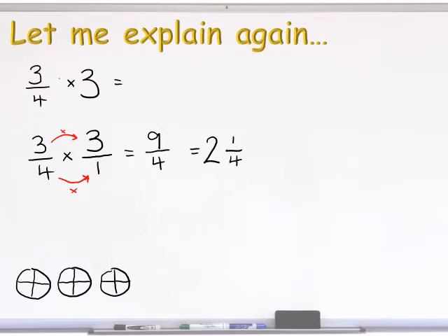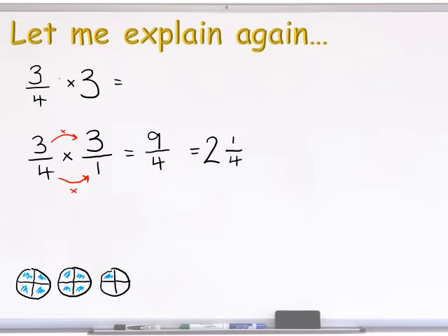Now I'm going to prove this. Let's go for blue this time. And 2 1/4, so 9/4 is what it's saying. So 1, 2, 3, 4, 5, 6, 7, 8, 9. 9/4 I've coloured in.